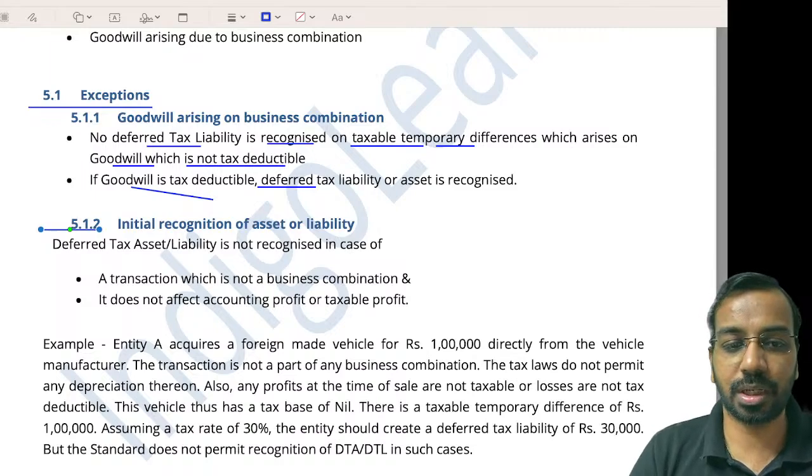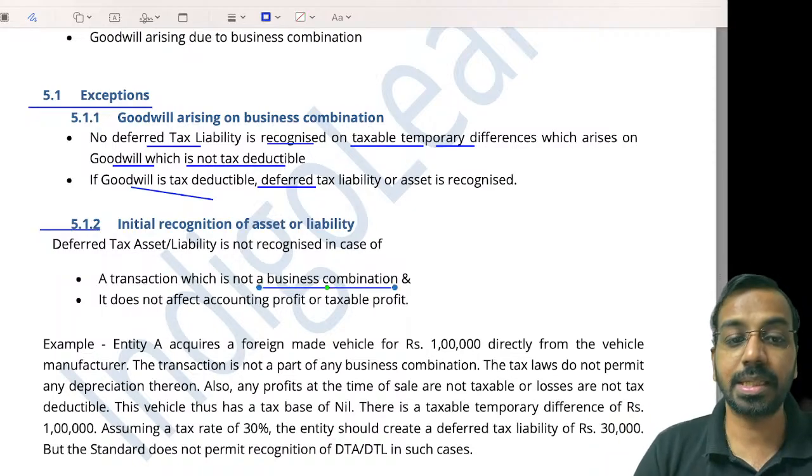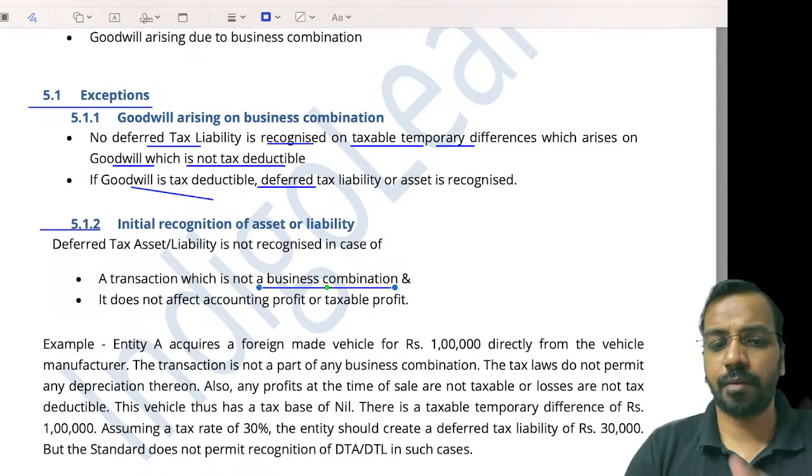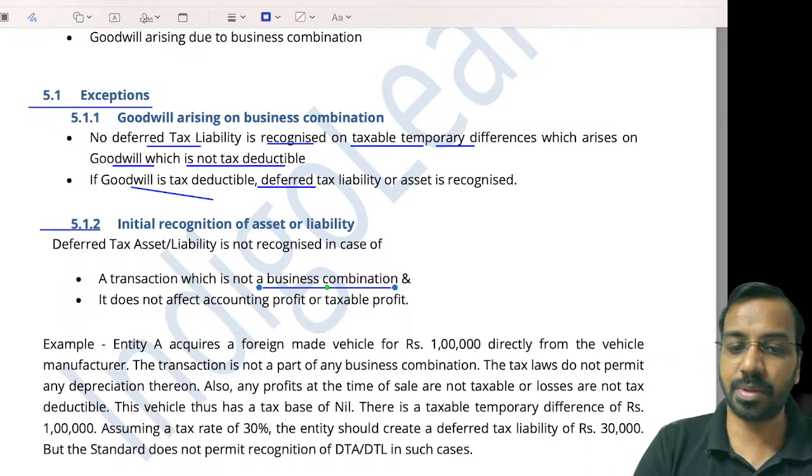The second exception is in case of initial recognition of an asset or liability for a transaction which is not a business combination. First thing is the transaction should not be a business combination. Sir, why not business combination? For business combination, we have separate treatments. For goodwill we already saw, and if it is a business combination, we'll handle it as per Ind AS 103.